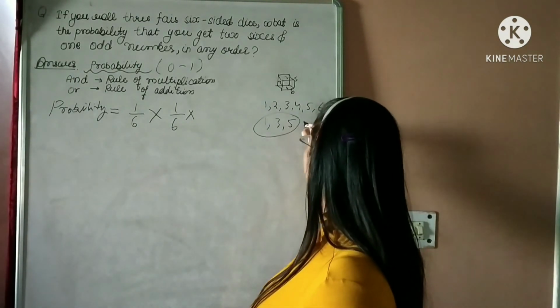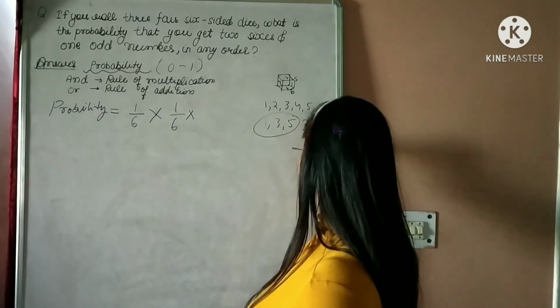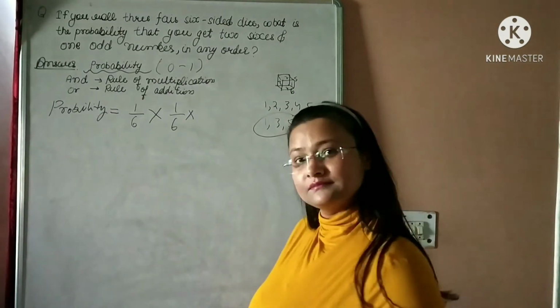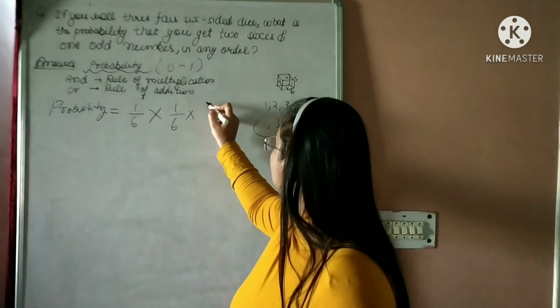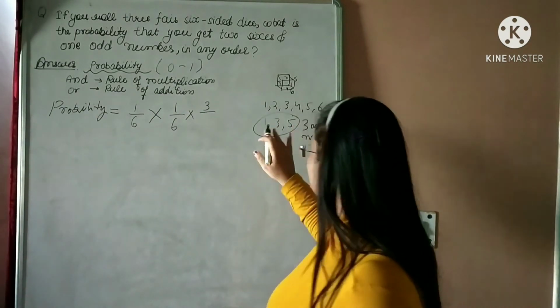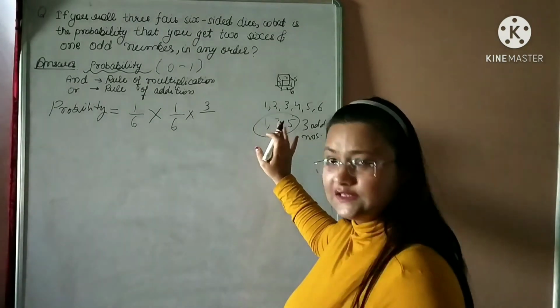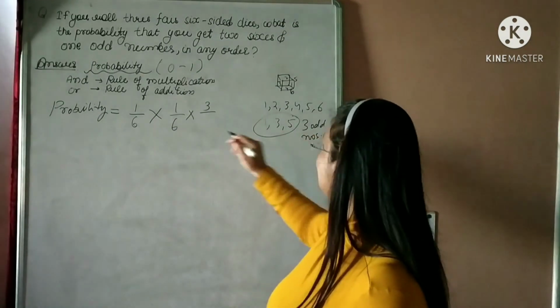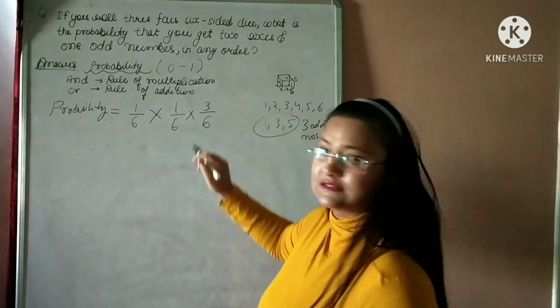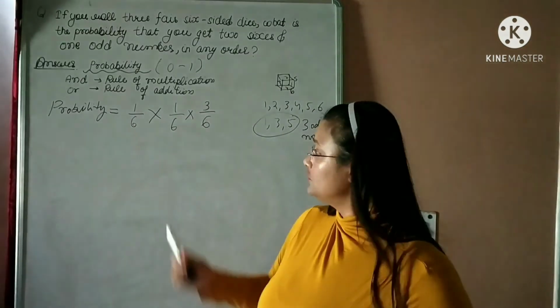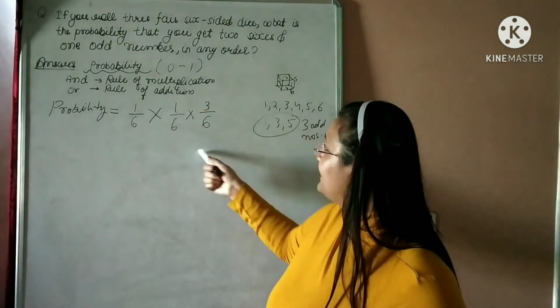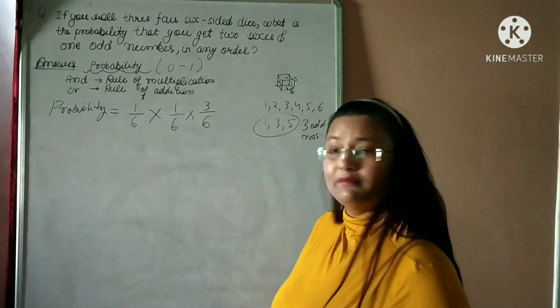So there are 3 odd numbers, and we are good if we get either 1, 3 or 5. So in the third die the probability of getting an odd number will be 3 by 6.